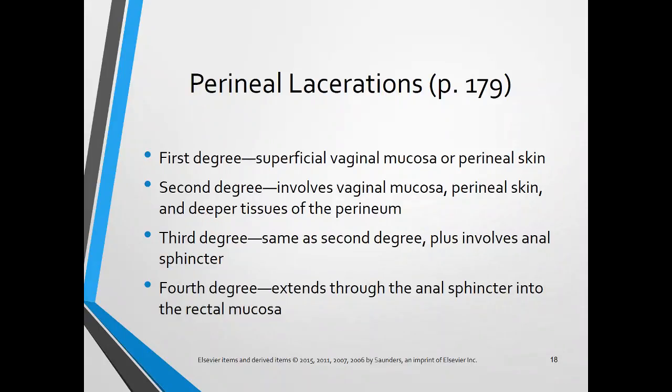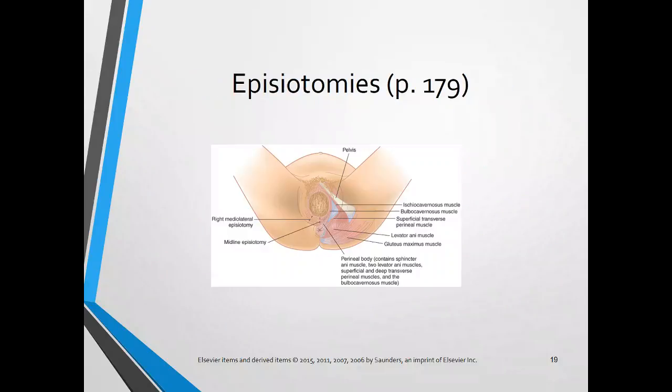First and second degree are normally fine, and may just need a few stitches. Third degree is a little bit more severe. And fourth degree extends all the way to the anal sphincter. So that one is pretty major. They may need to have surgery to fix that, and a lot of times they won't deliver vaginally with their other deliveries because of it.